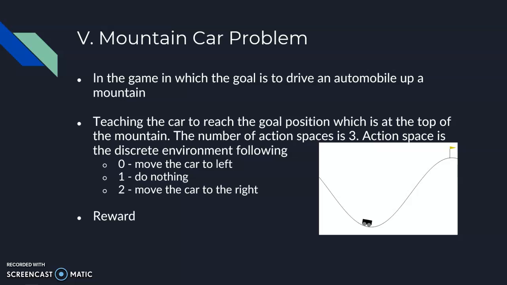Then we can use the algorithm to direct the car to reach the goal position at the top of the mountain. The action space size is 3, with discrete actions 0, 1, and 2: move the car to the left, do nothing, or move the car to the right.